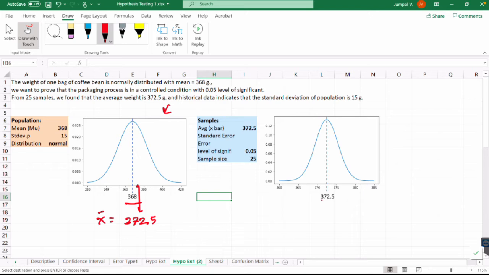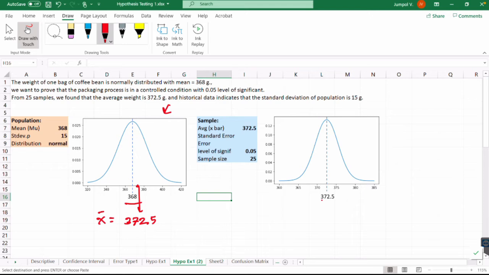But if the distribution of the population is not normal, if we have enough samples, like more than 30, we can assume that it's going to look close to normal. Otherwise, it will be a t distribution.